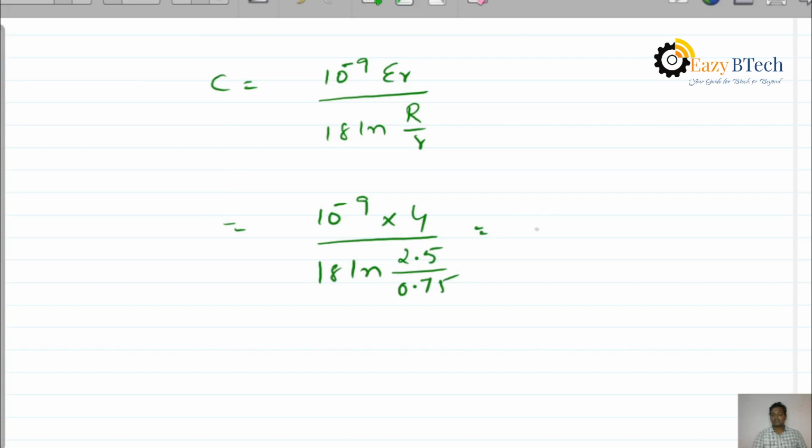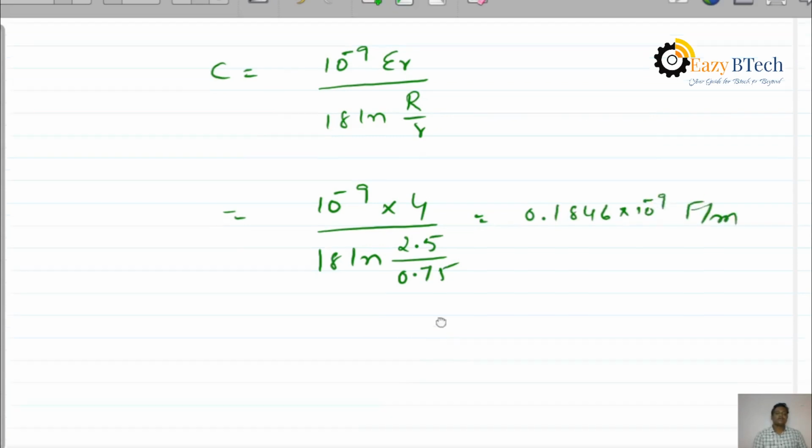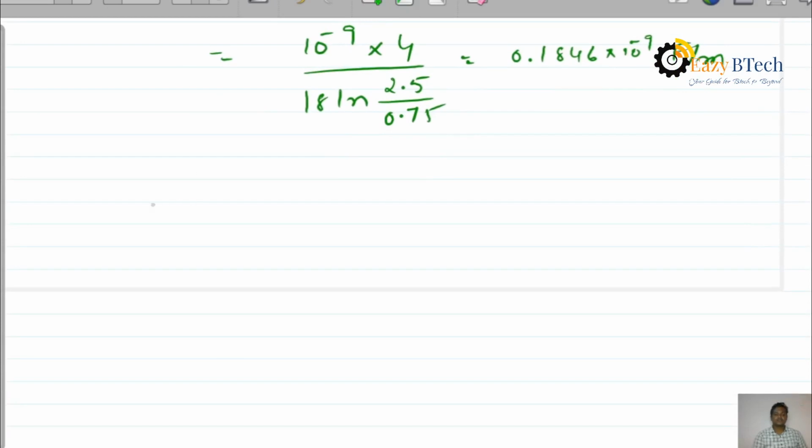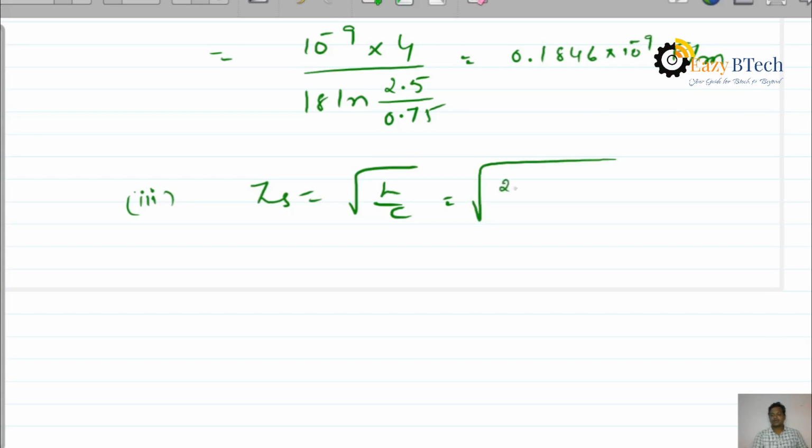You get capacitance is 0.1846 into 10 power minus 9 farad per meter. And we know the formula for ZS. For the third case, we need to calculate surge impedance. ZS is root L by C. Already the values are there, just substitute: 2.41 into 10 power minus 7 divided by 0.1846 into 10 power minus 9. You get the impedance is 36.13 ohm.